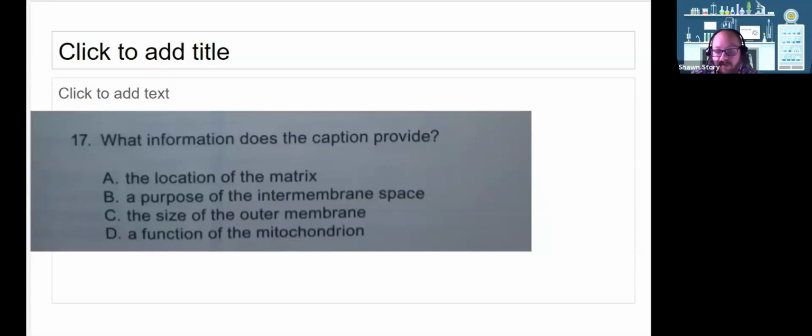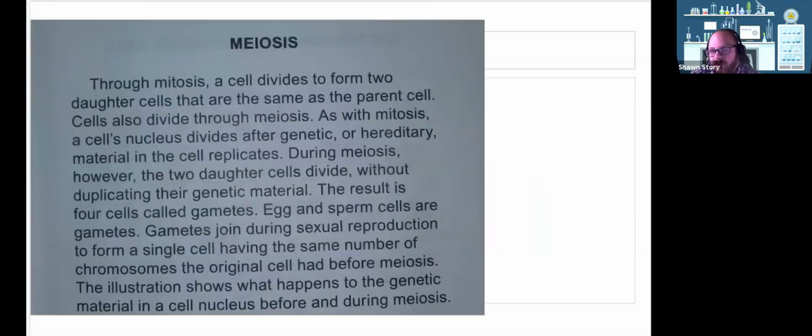There's one more reading that you can do. This is over meiosis, which we will look at when we get into the fourth week, when we specifically look at human development, and we'll look at how babies are made and how we form sex cells and how genetics works with human beings.